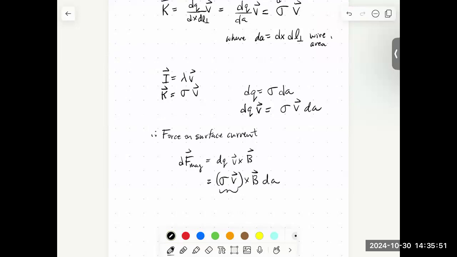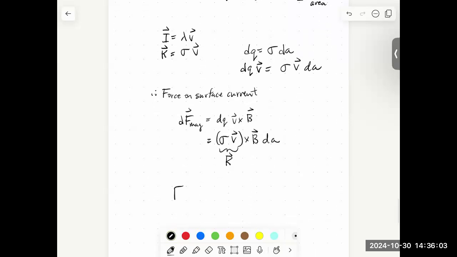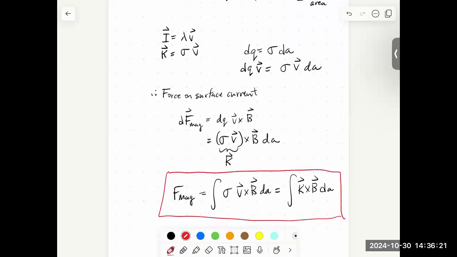But this sigma v is the same as K. And then if we integrate so that we add up the forces on all the little patches that make up our surface, we find the magnetic force is equal to the integral of sigma v cross B dA, which is the same thing as the integral of K cross B dA. So this is just the extension of the 1D wire version results that we had.